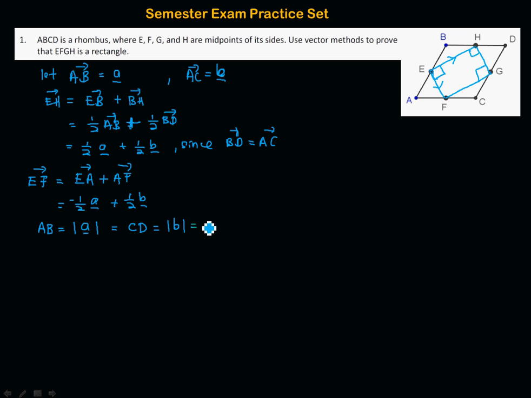So all these are the same, and AC and BD. So all four sides are the same length, and this means although a and b are probably not the same vectors, the magnitude of a is definitely the same as the magnitude of b. This is an important fact here. And so we're going to dot this.